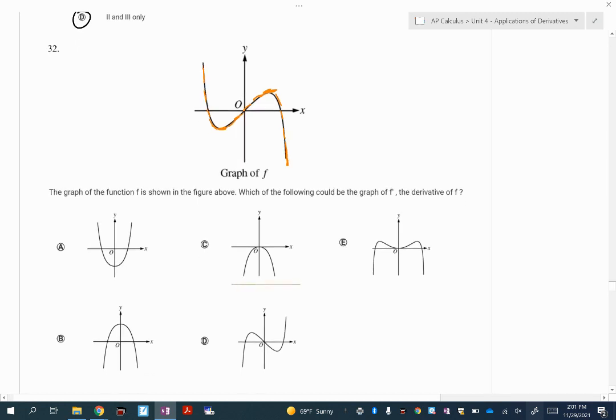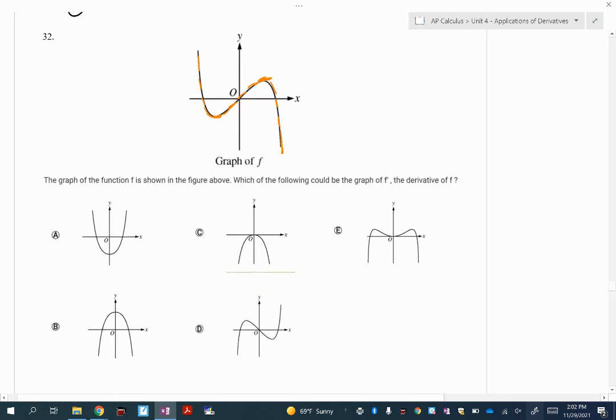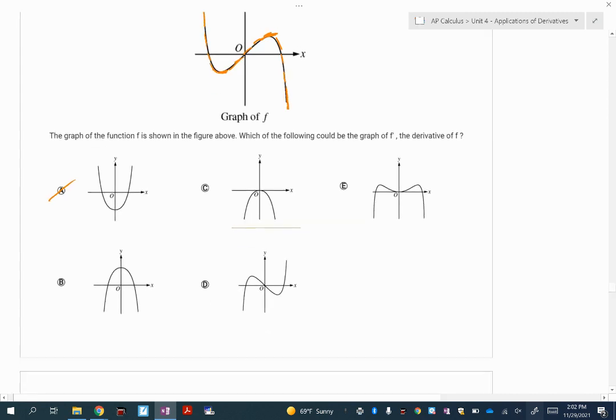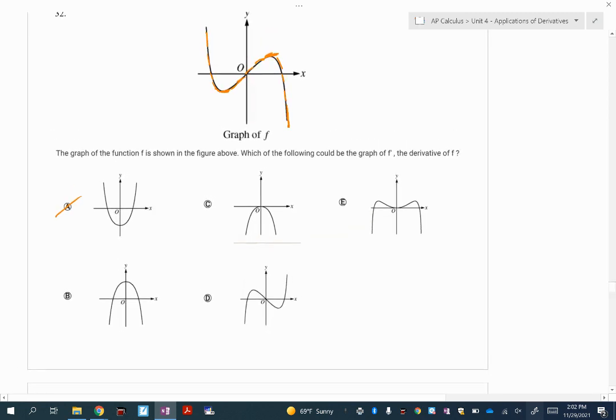So we're starting off where I should have negative values when I graph the derivative. That one starts off with positive values, so it's going to be wrong for sure. C is also wrong, because it never gets to positive values, but we have positive tangent slopes from here to here, so we should have positive y values in our graph.